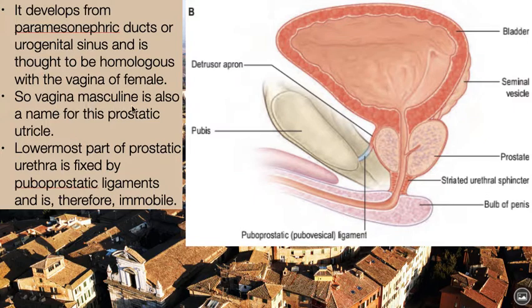This is the masculine vagina. It also is another name for the prostatic utricle. The lowermost part of the prostatic urethra is fixed by the puboprostatic ligaments and is therefore immobile.